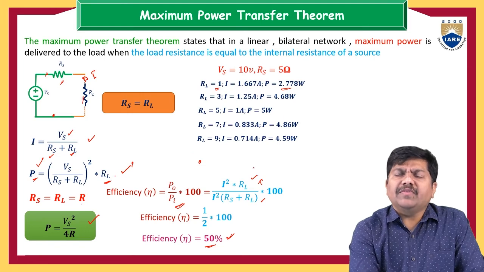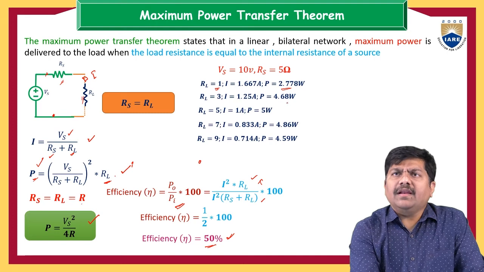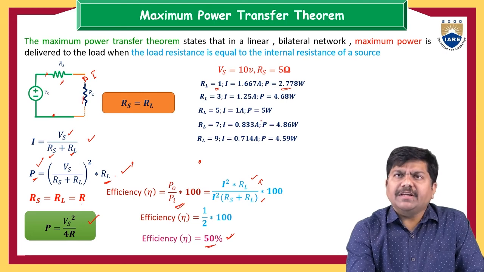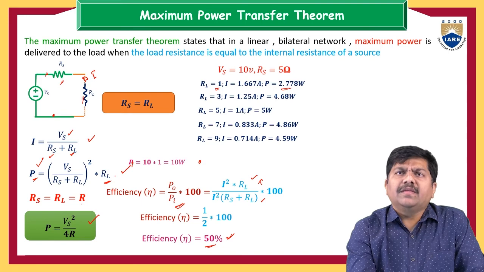We have already taken different values at different load resistances, with different currents. Let me calculate what the powers are. The powers, currents, and resistances are tabulated here, and with the help of these you can also calculate the input power.